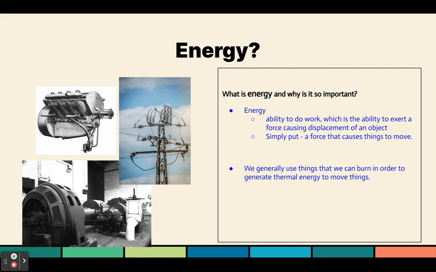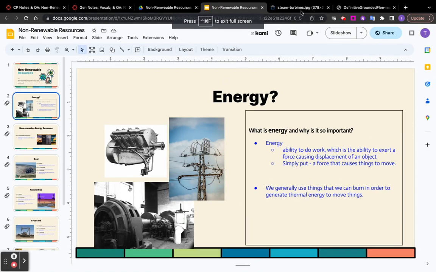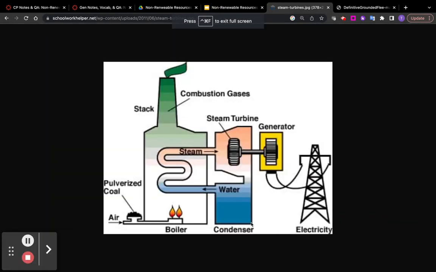Now, after we made the engine, one of the best things that humans have created or harnessed the power of is electricity. And we use turbines for electricity. Now, I'll remind you, if you didn't get this before, the turbine is just something that can spin, and when it spins, it's connected to magnets and copper coil, and when those magnets spin inside or around the copper coil, it makes electricity, right?